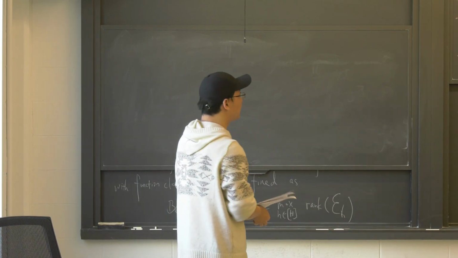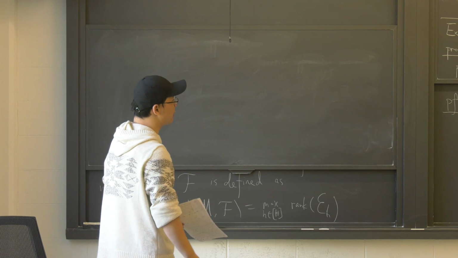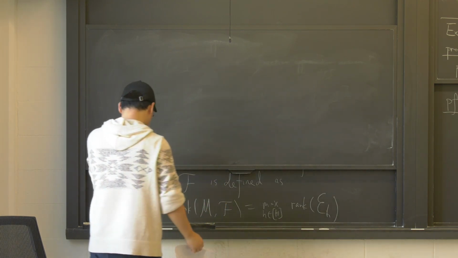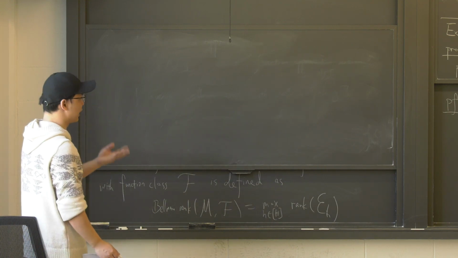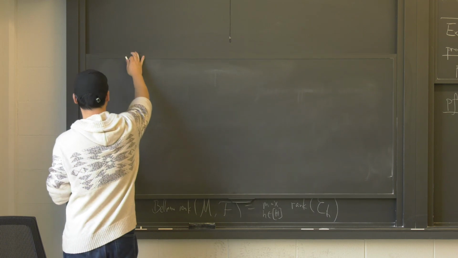Finally, I also want to say that Bellman rank subsumes both the tabular case and the linear case, but it also includes a bunch of new settings that are in neither tabular nor linear. For example, we can look at one example called block MDP.